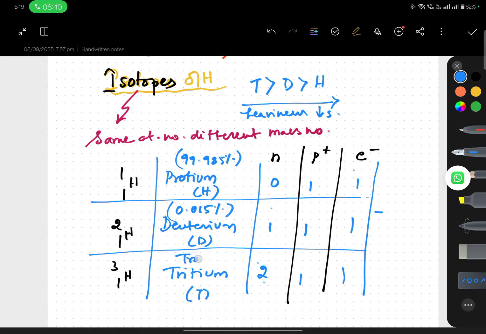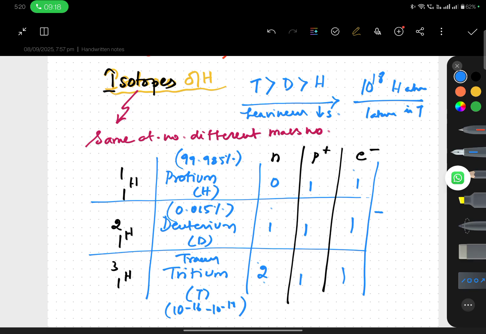Tritium will be in traces, 10 to the power minus 16 to 10 to the power minus 18 percent. So tritium is very rare. If you have a total of 10 to the power 18 hydrogen atoms, one atom will be a tritium atom. Okay?